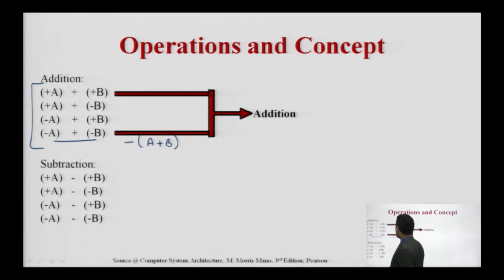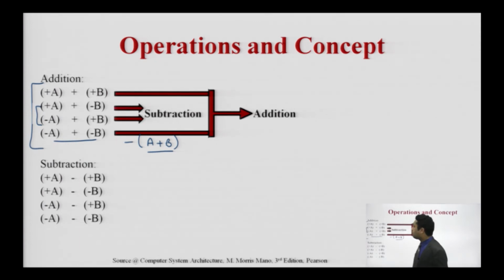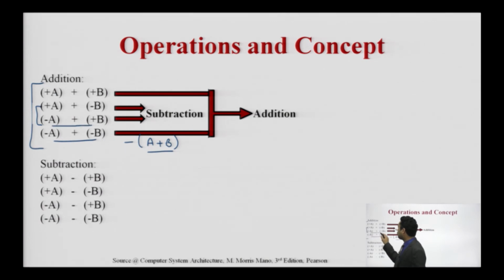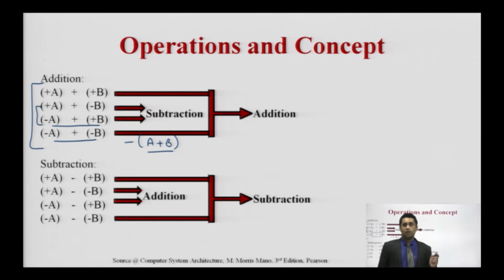Basically we perform addition and take the signs separately. These two are subtraction, because we are talking about a minus b, and here b minus a, meaning minus a plus b is a subtraction operation. Similarly, when we talk about subtraction, it itself contains the addition part.